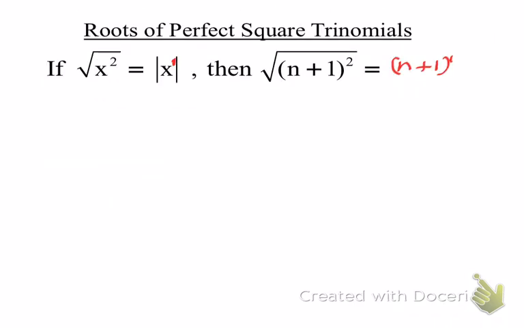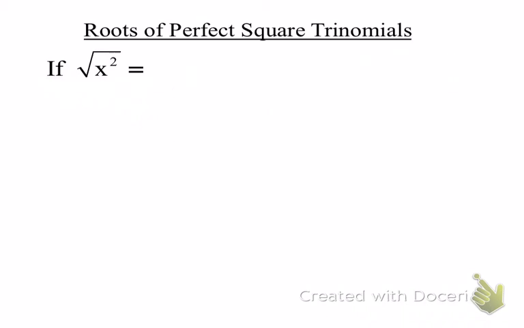All right. So now let's go on to this. When I take the square root of x to the second power, I get x to the first power in absolute value. Because it's an odd result, we must put it in absolute value.